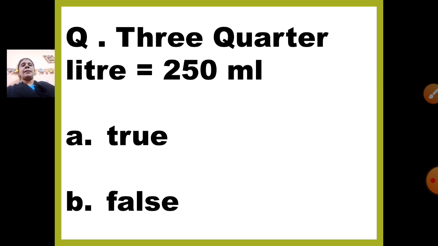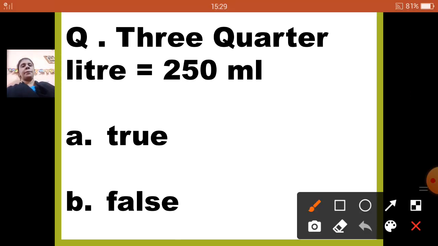But here the answer is given as 250 ml. So our answer is true or false? 3/4 liter is equal to 750 ml. Here the answer is given as 250 ml. So our answer is false, because it is wrong.